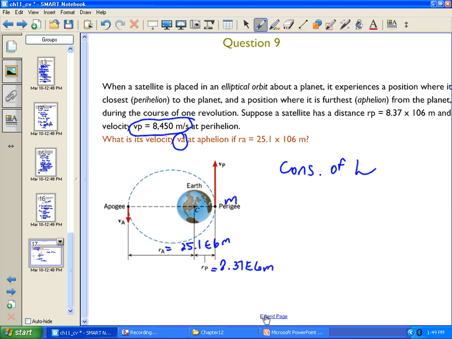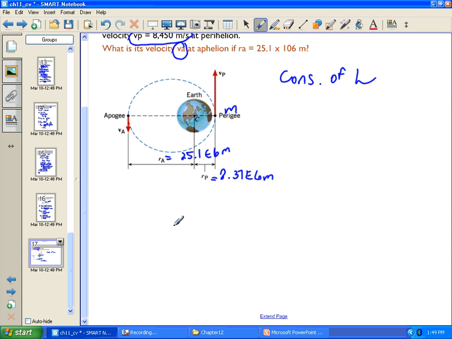So this is an exaggerated elliptical orbit. And conservation of angular momentum in this particular situation will tell us that the angular momentum that the satellite has as a result of its orbit about the Earth at position A, apogee, should equal the angular momentum that the satellite has at position P, which is perigee.